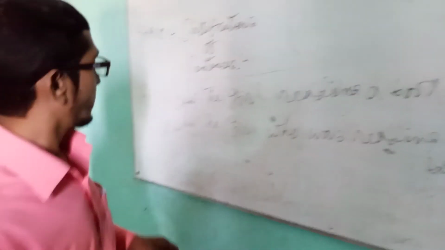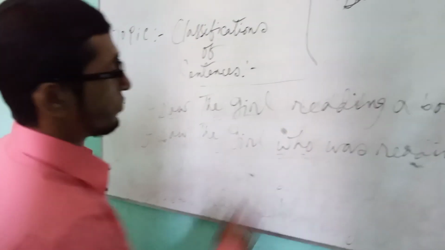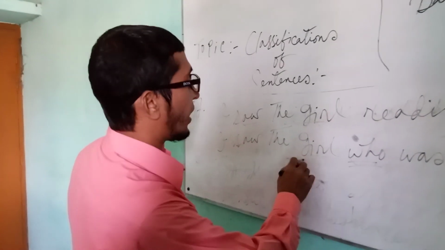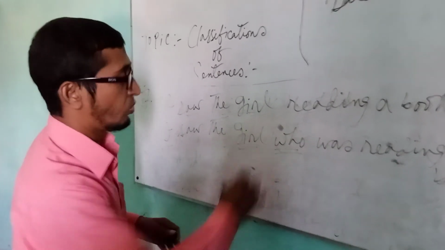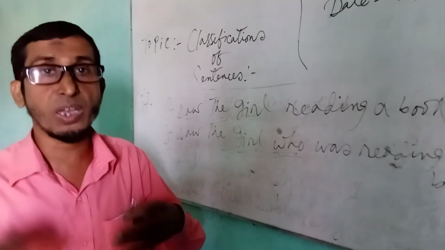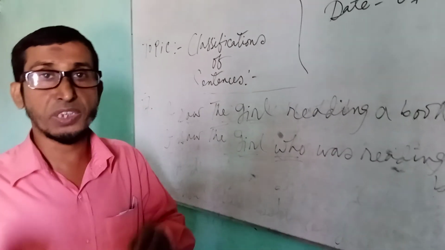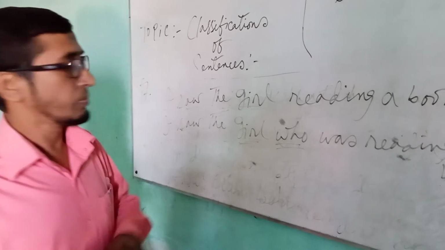Please notice here: subject plus verb plus object plus "who". You know, "who" is a relative pronoun. So if the object is a person, then we have to use "who". And if the object is a material thing, then we have to use "which". And in respect of animals, we also use "which".